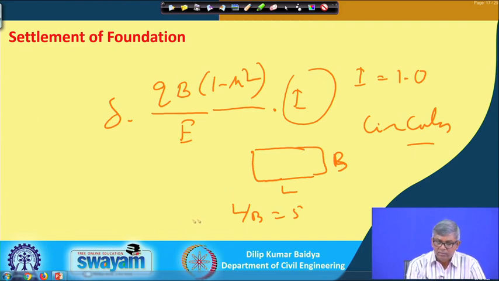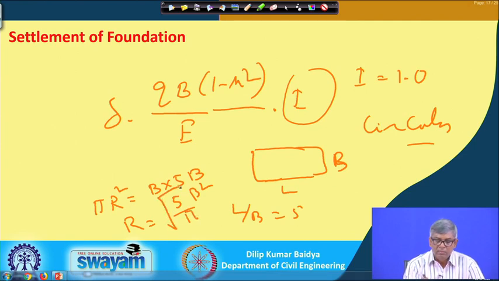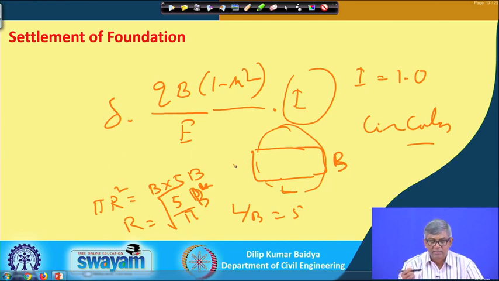Suppose I can consider pi r square equal to B multiplied by 5 B. So, your R becomes the under root of 5 B square by pi. So, this rectangular area can be imagined as an equivalent circular area.